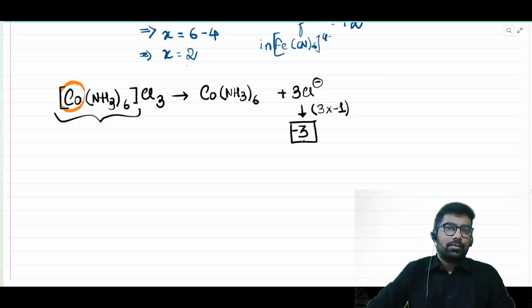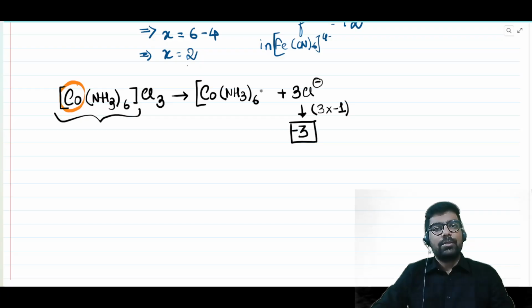Chlorine has a charge of minus 1. So the Cl3 chlorine atoms have a charge of minus 3. So for the overall molecule to be neutral, this part, the coordination sphere, has a charge of plus 3.